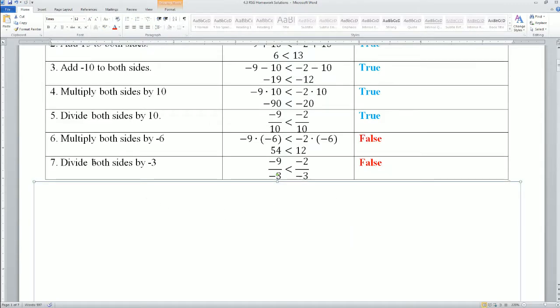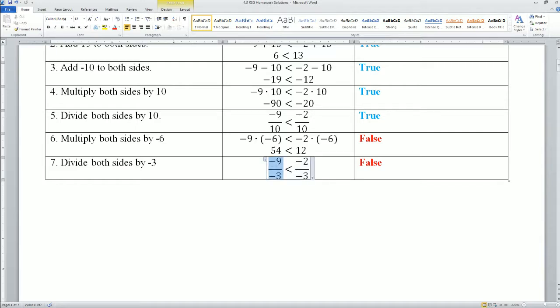Let's go to 7. Divide both sides by -3. -9 divided by -3, and on the right hand side, -2 divided by -3. Is that true? No, that is false. This simplifies to 3.